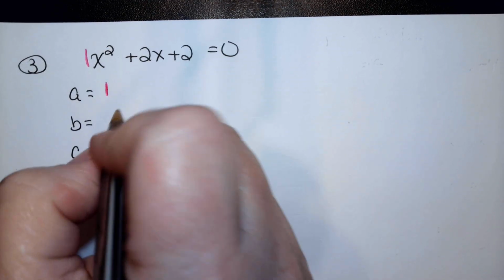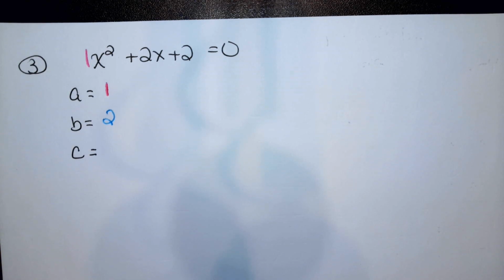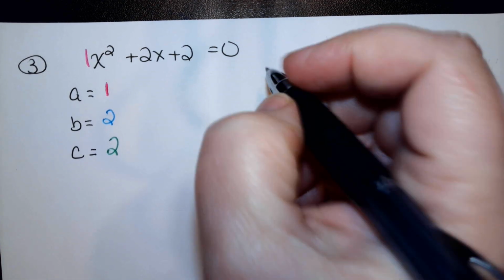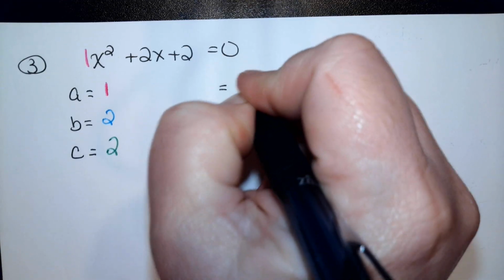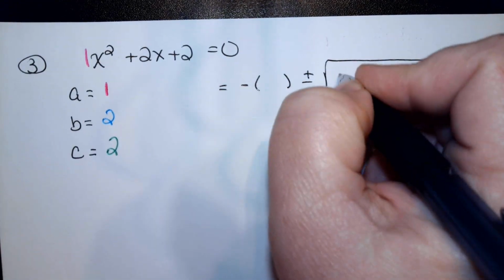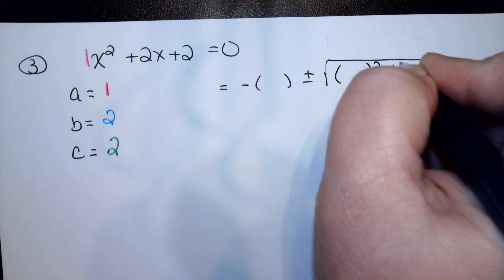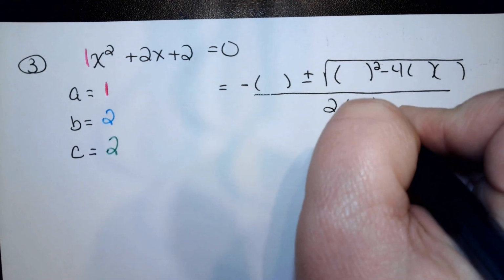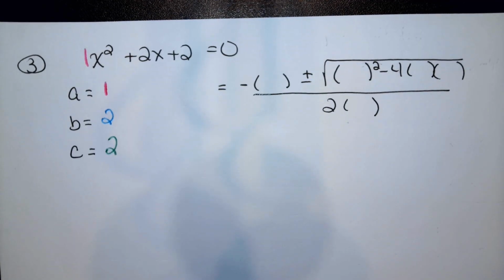Our B value is 2. And our C value is also 2. So negative b plus or minus square root of b squared minus 4ac all over 2a. I always write the skeleton of the formula first.